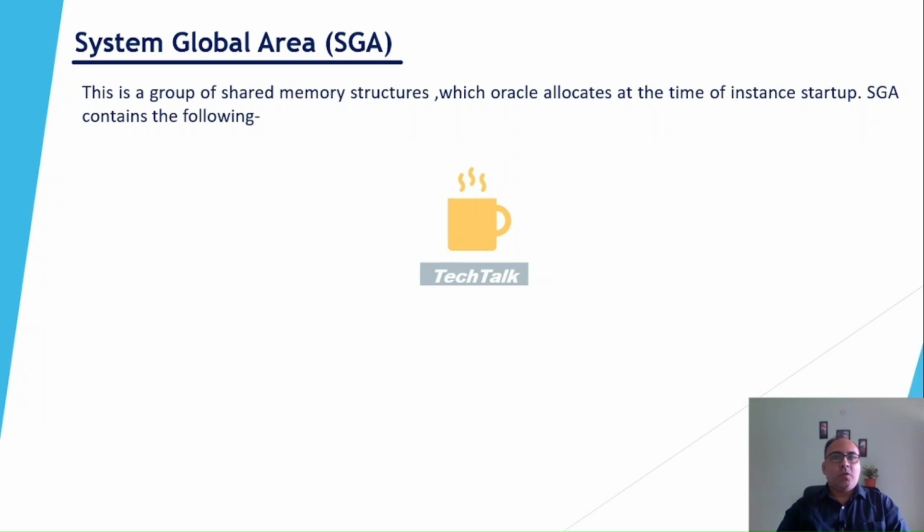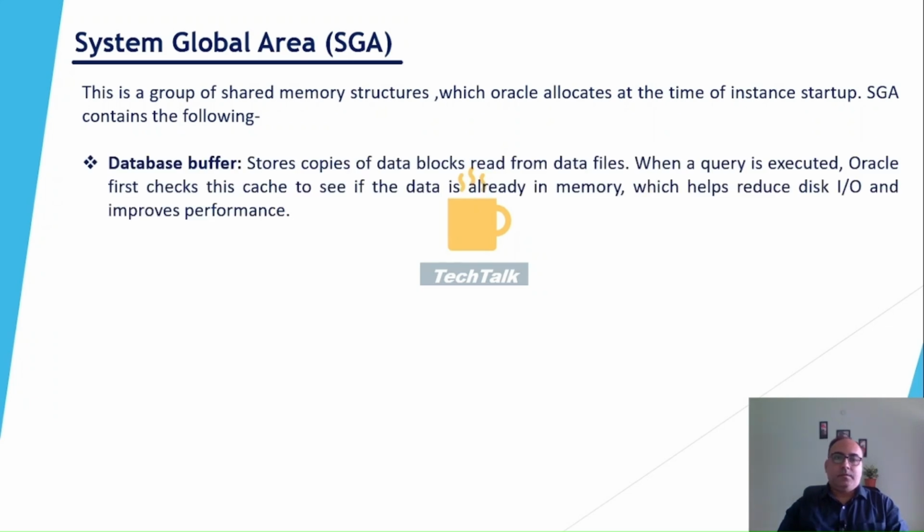Following are the components: the database buffer cache stores copies of data blocks read from data files. When any query is executed, Oracle first checks this cache to see if the data is already in memory. If it's there, it uses the same data, which helps improve database performance.